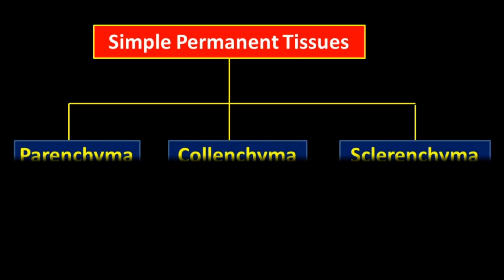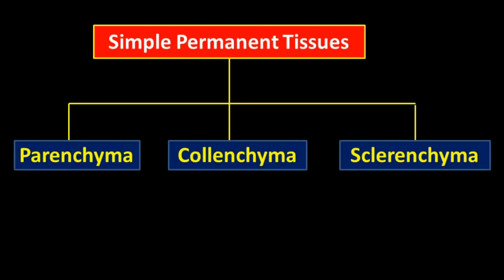Simple permanent tissues are mainly divided into three types: parenchyma tissue, collenchyma tissue, and sclerenchyma tissue. These are the three types of simple permanent tissues.